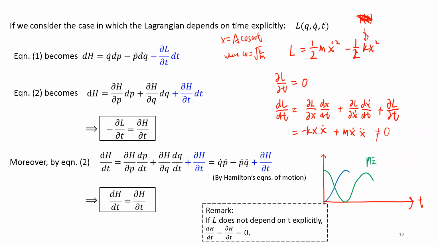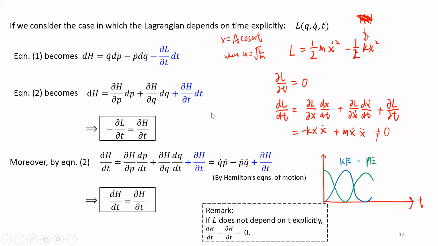I think you have learned this before. Now if you do this blue curve minus the green curve, clearly that won't give you a constant. On the other hand, if it is KE plus PE, you know that they add up to a constant.